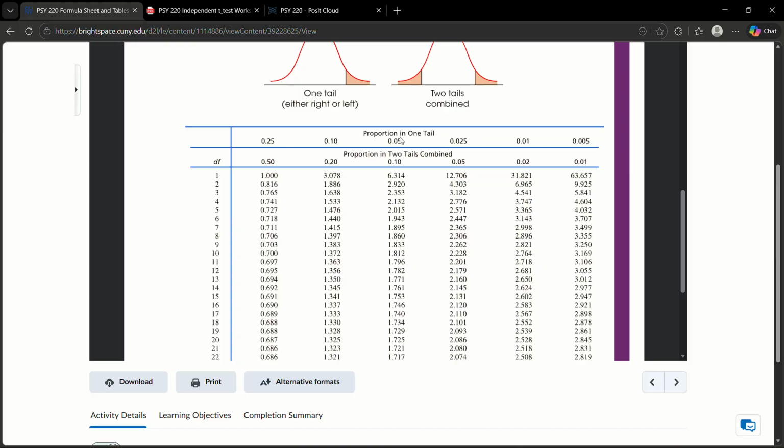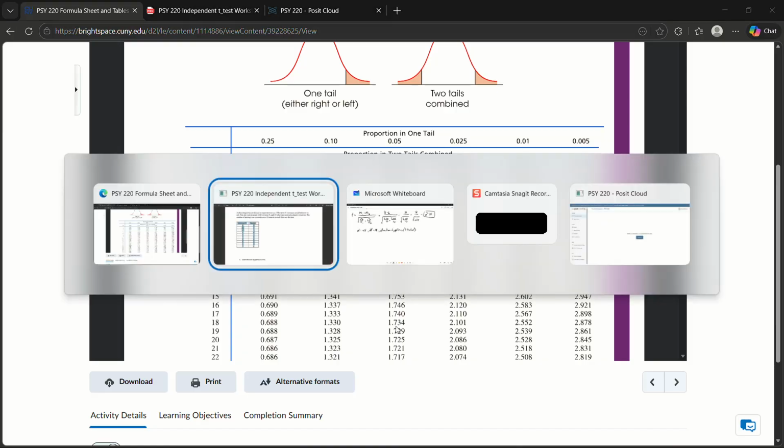We'll find 0.05 in the top row and go down to our degrees of freedom, which are 18. And we have 1.734. Now, this is a positive critical value because we expect an increase of sexual behavior in rats. So we're going to be looking in the right tail, and therefore we want a positive critical value of 1.734.